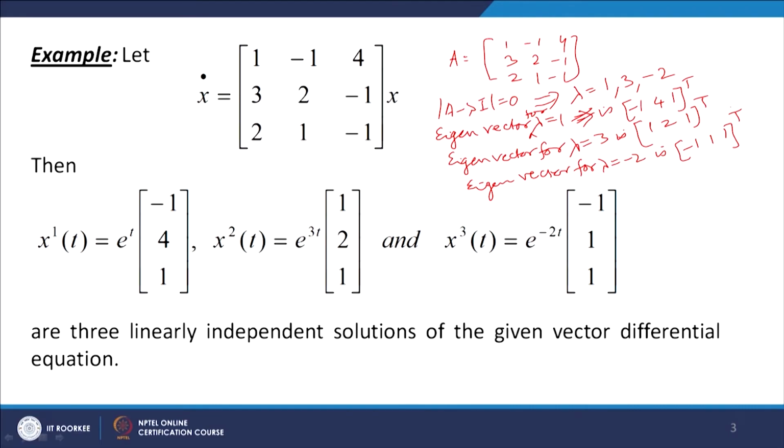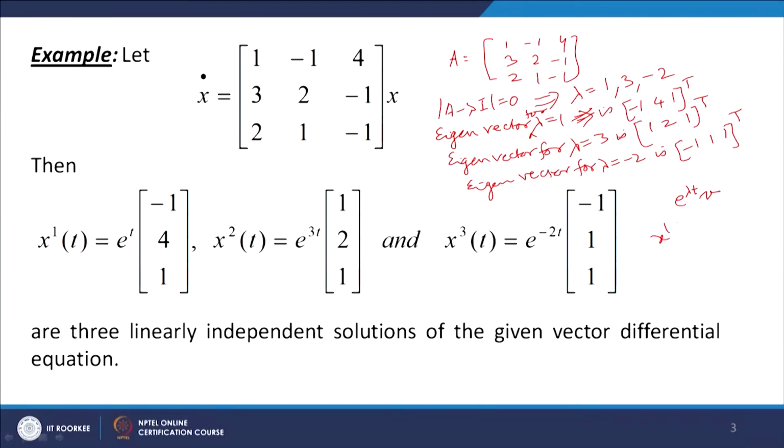Now, we know that if lambda is an eigenvalue of the matrix A and v is the corresponding eigenvector, then e to the power lambda t into v is a solution of the homogeneous vector differential equation x dot equal to Ax. So, here x1(t) equal to e to the power t into (-1, 4, 1), which is an eigenvector corresponding to lambda equal to 1.